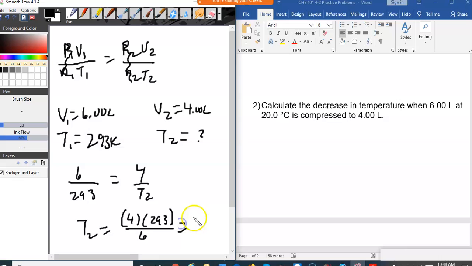So I get 195. That's in Kelvin. Now, if you want to keep it in Kelvin, that's fine, but since we start in Celsius, you can change it into Celsius. If you did, that's fine. If you didn't, that's fine. So it'll be negative 77.7 degrees Celsius.